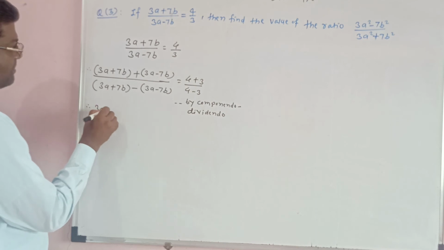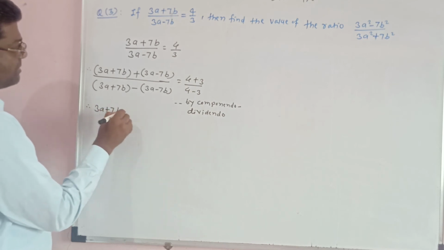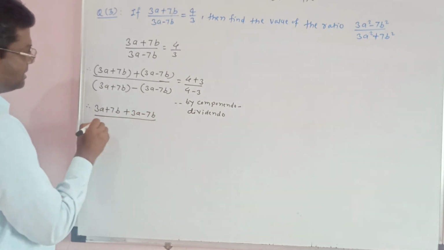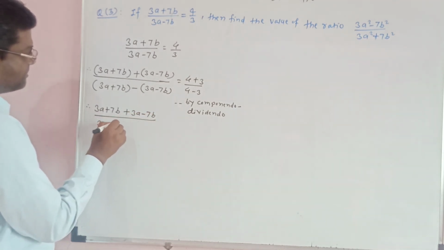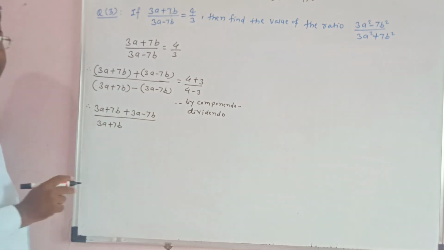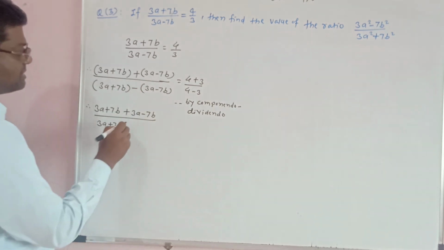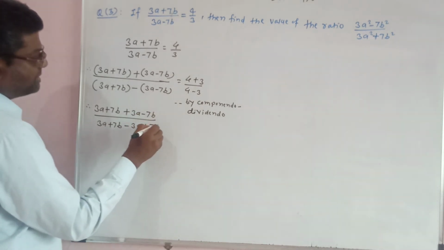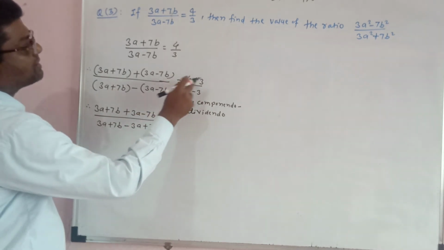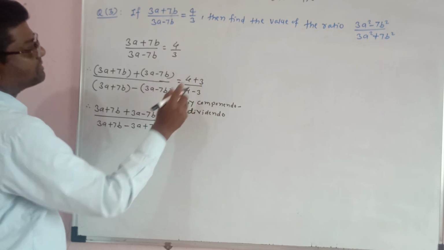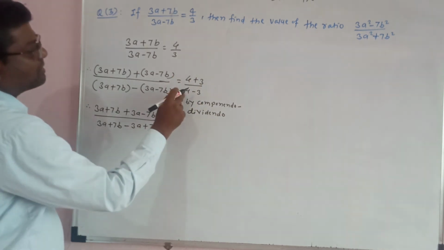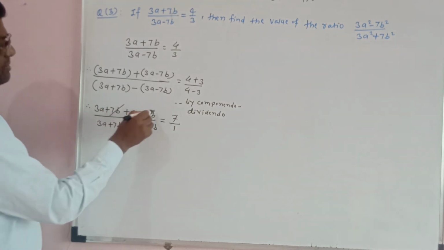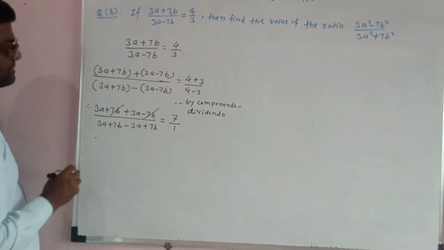Due to this minus sign, signs in the bracket will change. This will become minus 3a, and this minus 7b will be plus 7b. 4 plus 3 is 7, and 4 minus 3 is 1. Now here plus 7b and minus 7b will get cancelled.